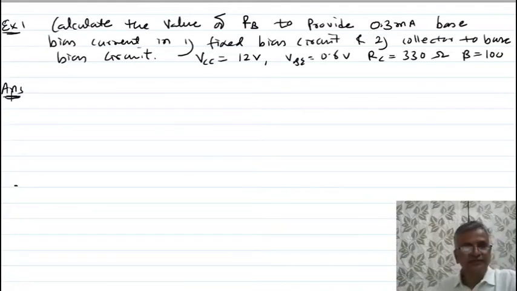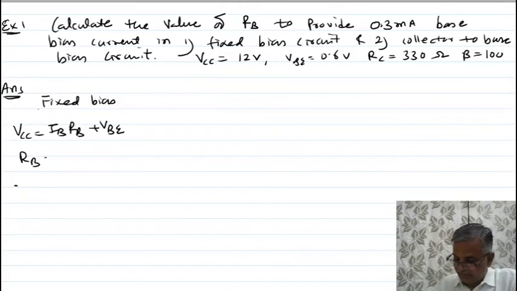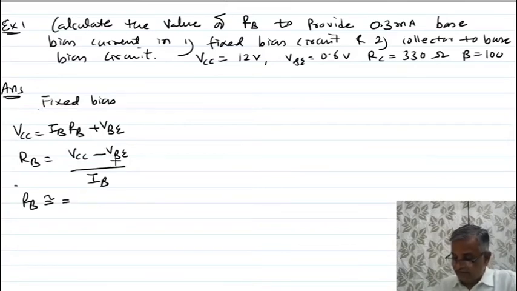Let's see the answer. For the fixed bias circuit, I am writing first: RB is nothing but VCC minus VB upon IB. VB is very small, so I can write VCC upon IB.